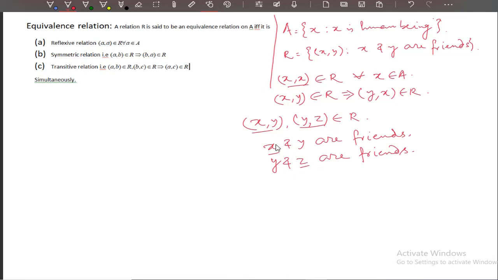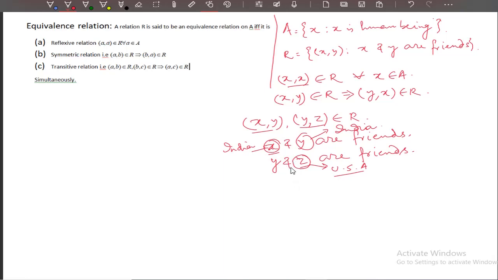No. Take any example. Let x reside in India. y also resides in India. But z lives in the US. Do you think that x and z will be friends?